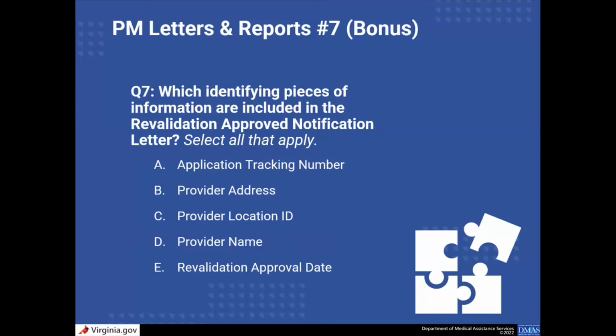The correct answer is application tracking number, provider name, and provider location ID. The application tracking number and provider name are in the letter header. The provider location ID is in the body of the message. The date on the letter is the date that the letter is generated, and therefore the date after revalidation approval.